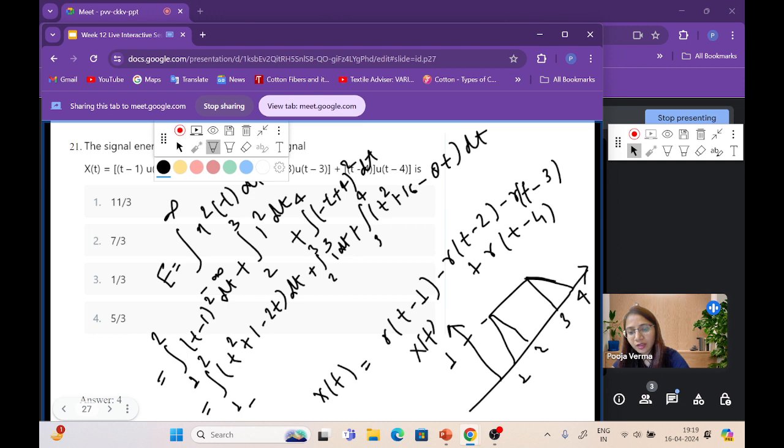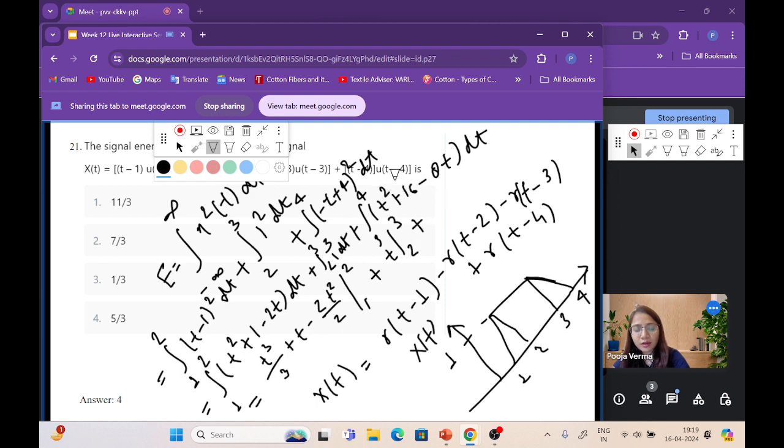Now integrate all those values. Then what we will get: t cube divided by 3 plus t minus 2t square by 2, evaluated from 1 to 2. Okay, now plus here 1 square dt, so t from 2 to 3, plus integrate this part.